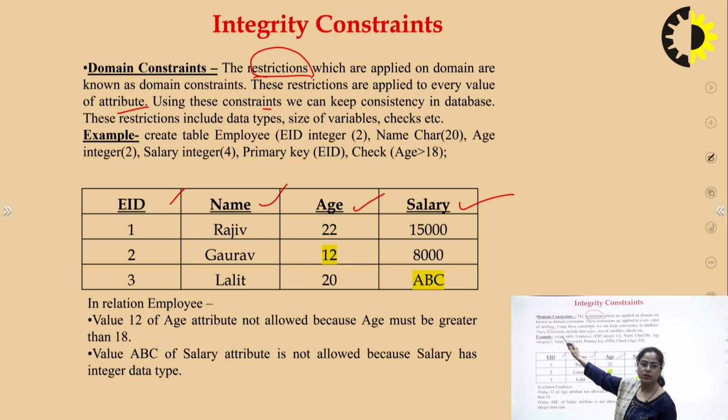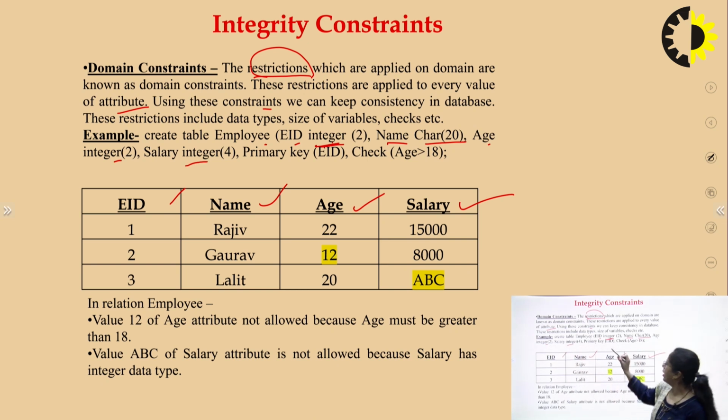For making this relation: create table employee, ID which has the integer value, name that is the character value, age that is the integer value, salary that is the integer value, and primary key is employee ID. Now check age is greater than 18. Here is the condition that age should be greater than 18.